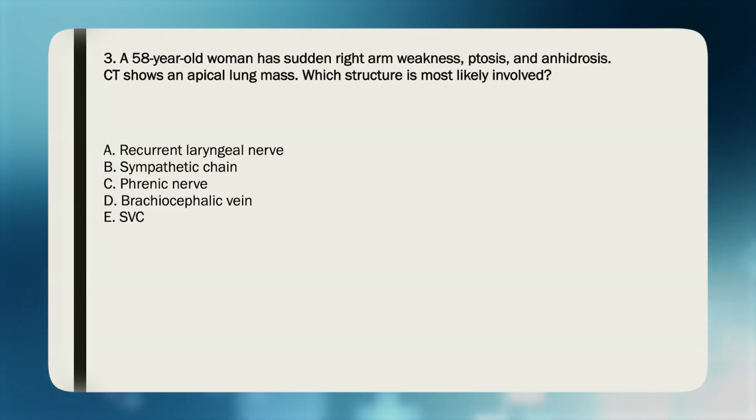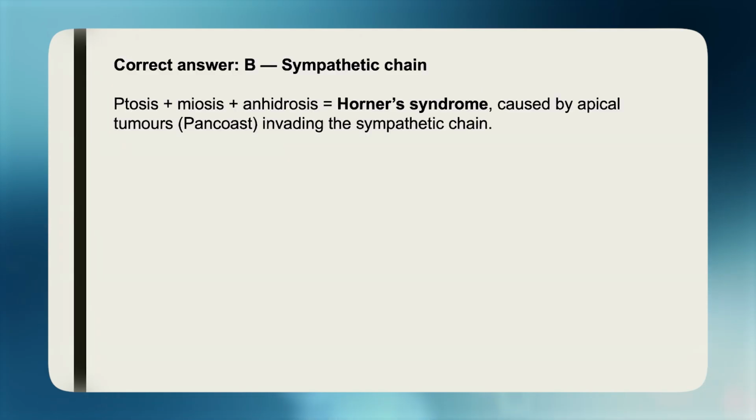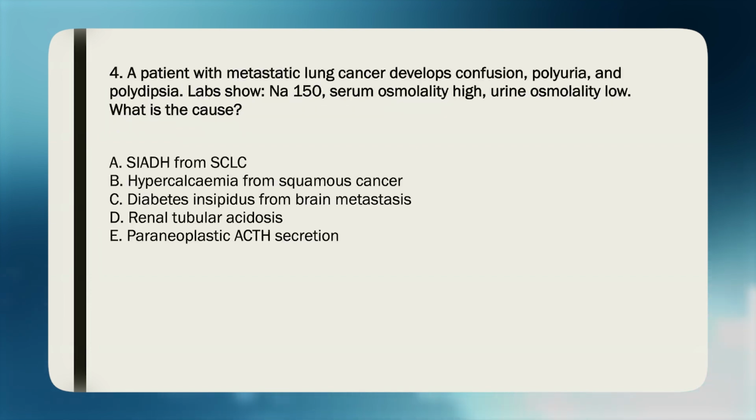Right arm weakness, ptosis, anhidrosis, apical lung mass. It's a Horner syndrome, okay, causing obstruction or damage to the sympathetic chain. Ptosis, miosis, and anhidrosis is classical of Horner syndrome. This can also be caused by an apical tumor, Pancoast tumor. They more or less all are the same.